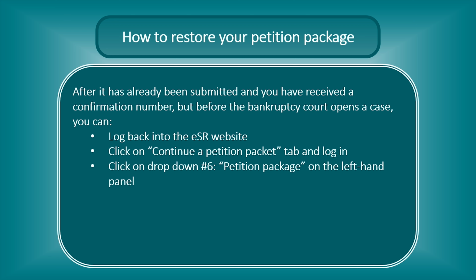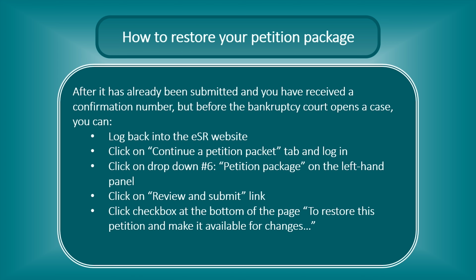You'll then click on drop-down number 6 titled Petition Package on the left side panel. Then click on the Review and Submit link. Next, click the checkbox at the bottom of the page titled To Restore this petition and make it available for changes. Finally, click on Restore Package button.